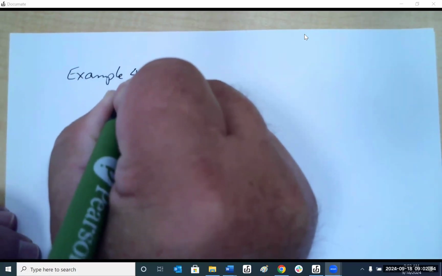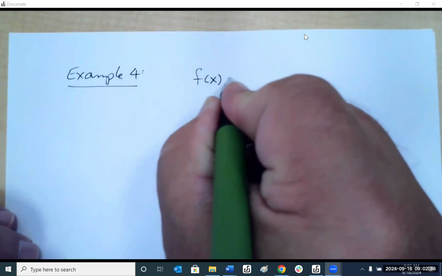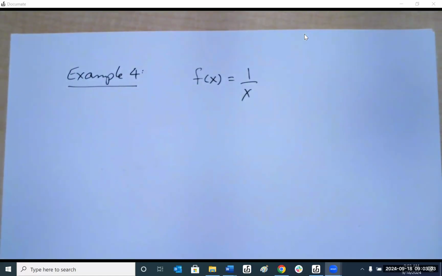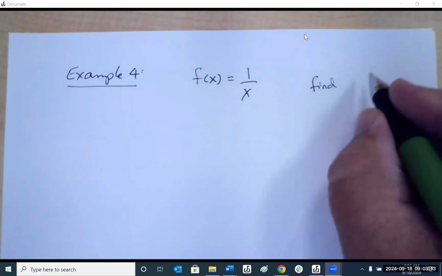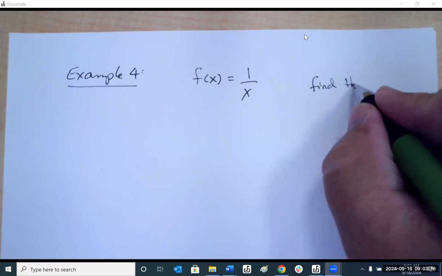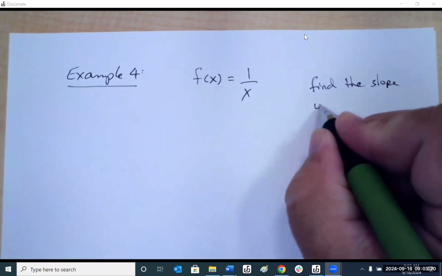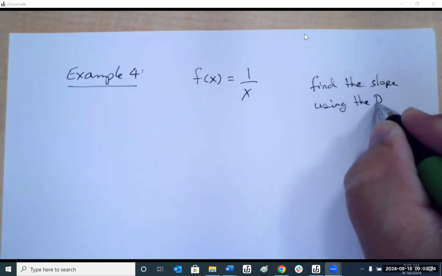Example 4. F of x is equal to 1 over x. Find the slope using the difference quotient.